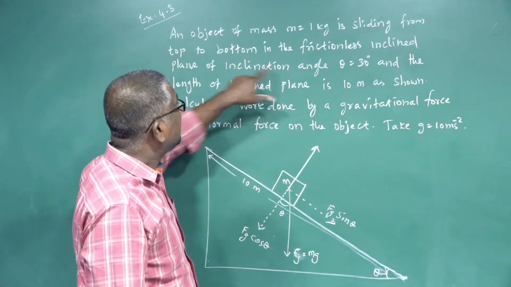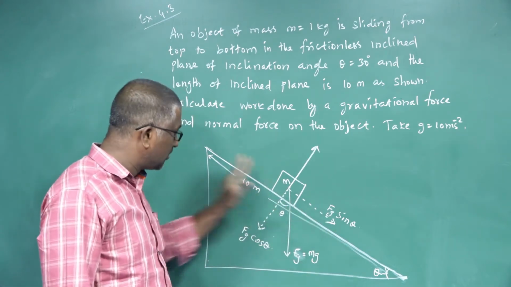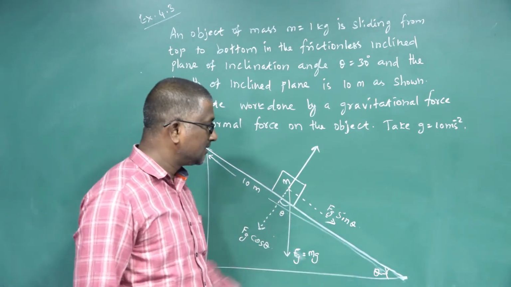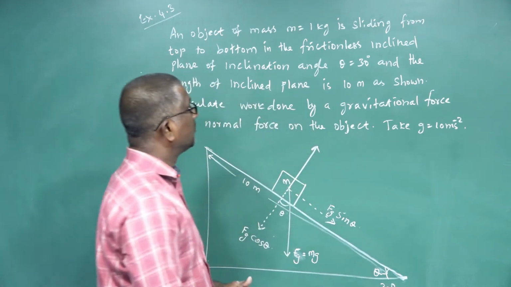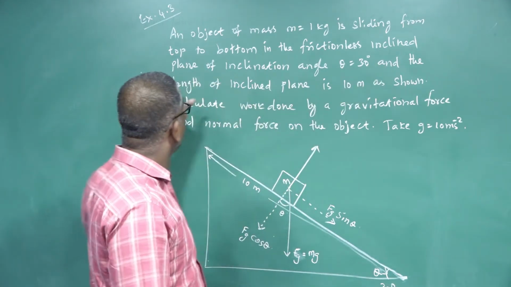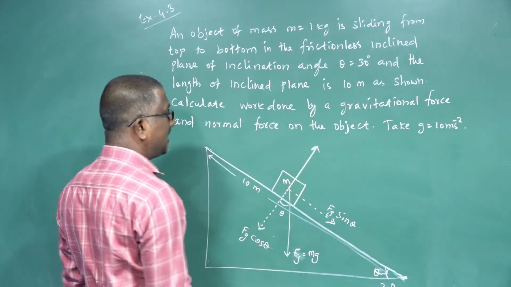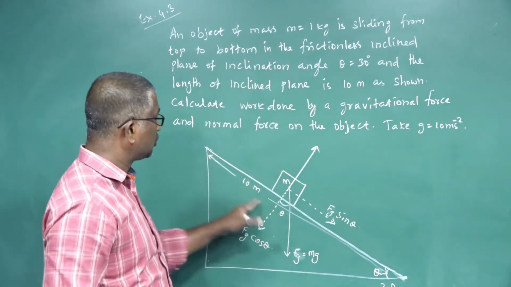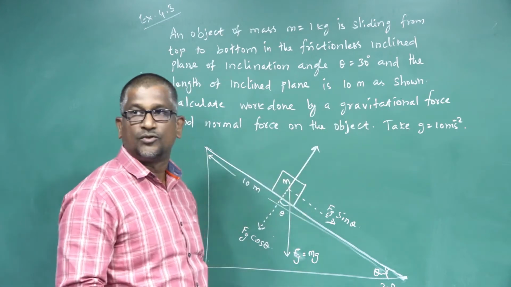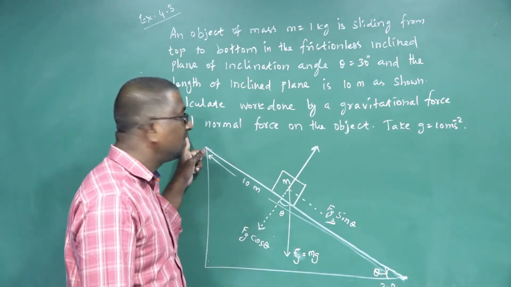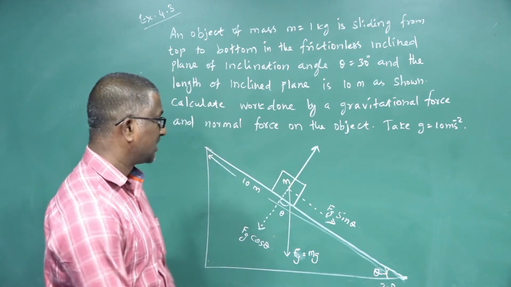The inclination angle theta is equal to 30 degrees. This is the 30 degree inclination angle. And the length of the inclined plane is 10 meters, as shown in the figure. Calculate the work done by the gravitational force and the normal force on the object.